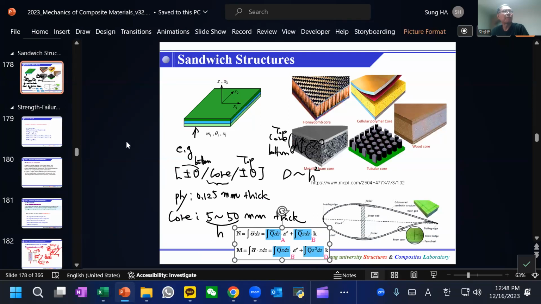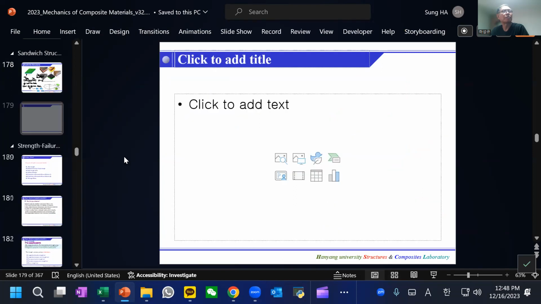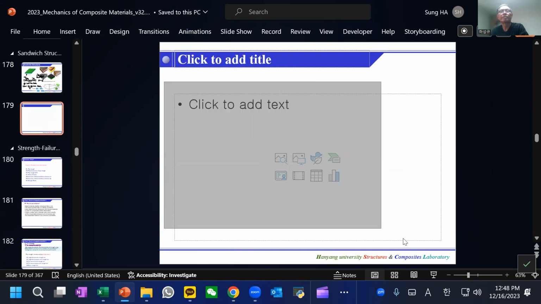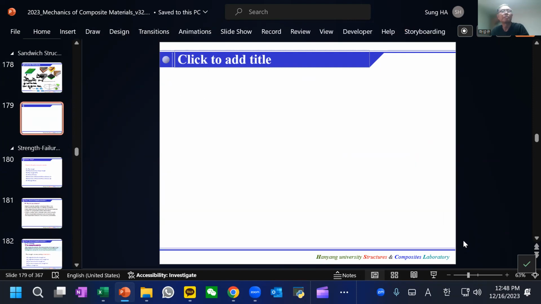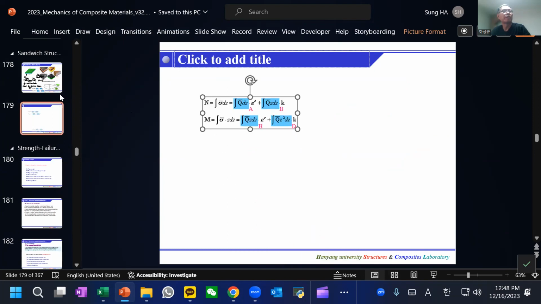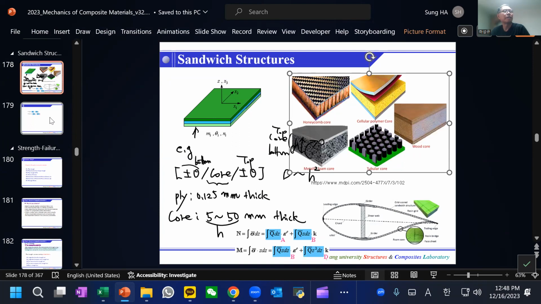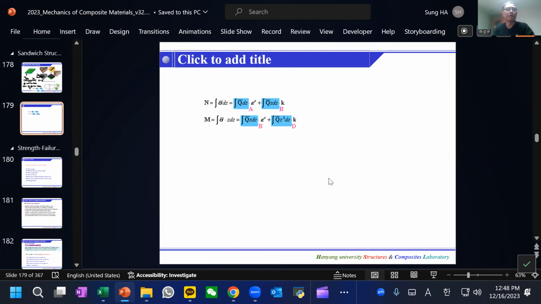Now here is the D matrix. Let's pay attention to D. D is again Q bar, Z squared, and dZ. Now the top skin and bottom skin, and this is a core.